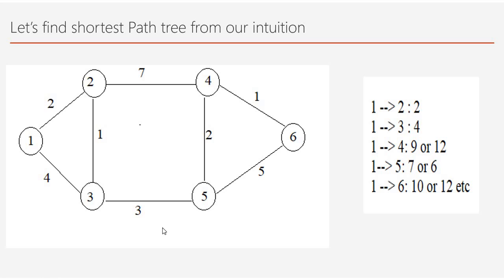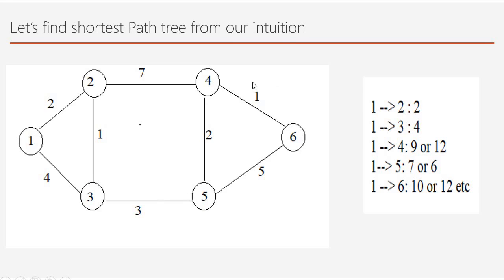Now this 6 is lesser than 7. So instead of taking 1 to 3, 3 to 5, I could very well take the route 1 to 2, 2 to 3 and 3 to 5, because this is lesser. If I come from 1 to 2, 2 to 3, 3 to 5, it needs 6 weights, whereas if I come from 1 to 3 and 3 to 5, it takes 7 weights.